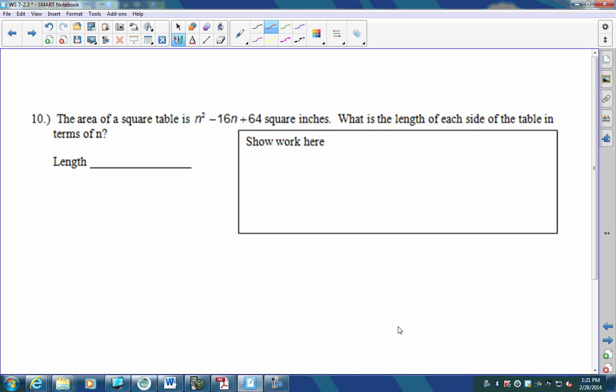Here's the next one. Find the area of a square table. What is the length of each side? Well, they only give me length because what's true about the sides of a square? They're all the same. So I know whatever's in my parentheses right here has to be exactly the same, right? Well, and you can do all the steps we did, but I don't have to do a GCF. I don't have to slide because look, it says n squared. So it just splits up as n and n.